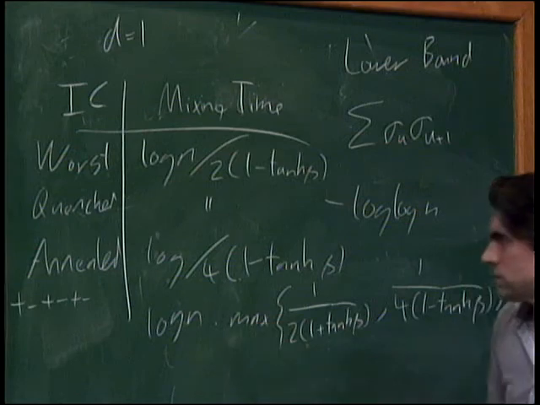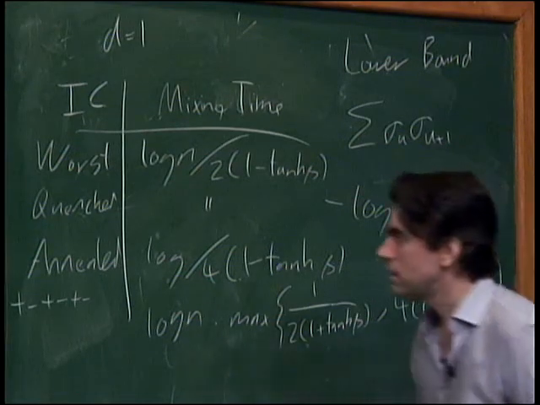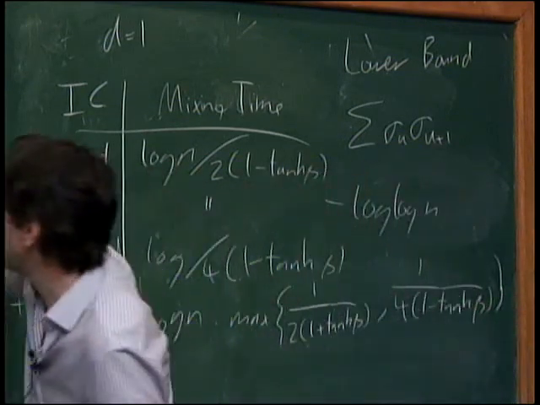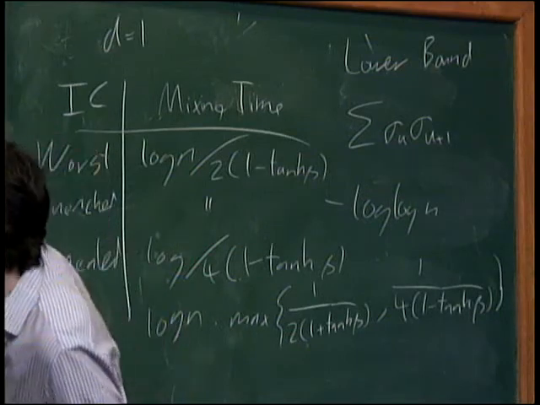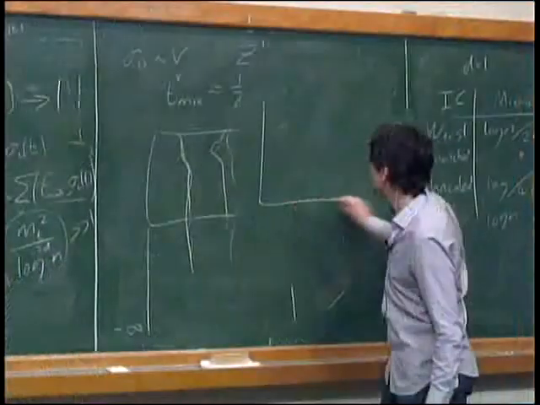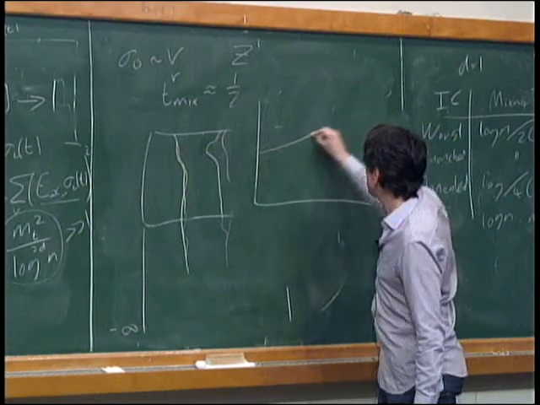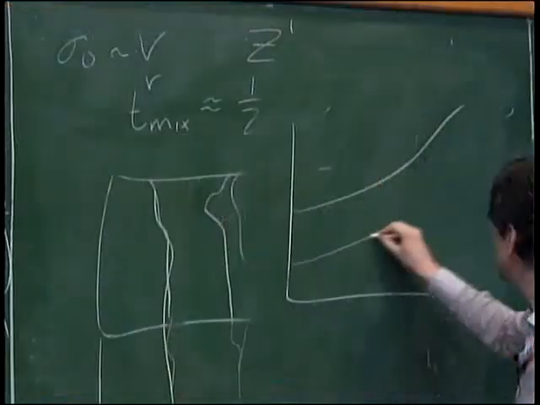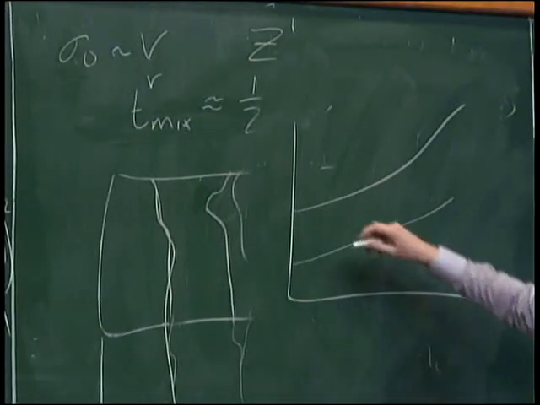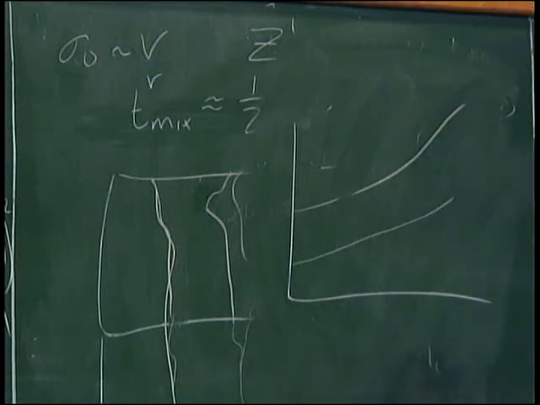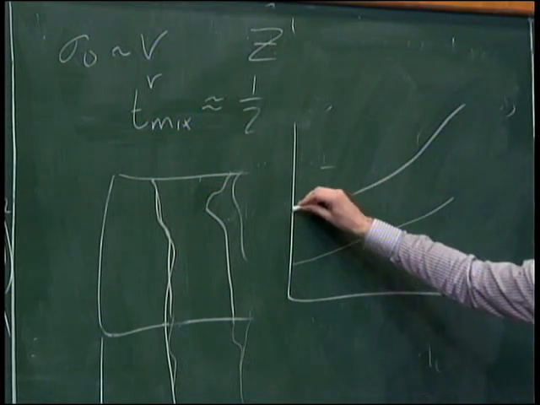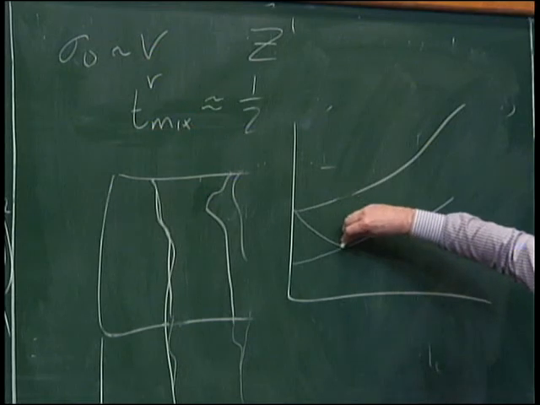If you look at the graph of the mixing times, this would be the worst case. This would be the annealed case. The quenched is essentially the same as the worst case, and the plus minus one would look something like this.